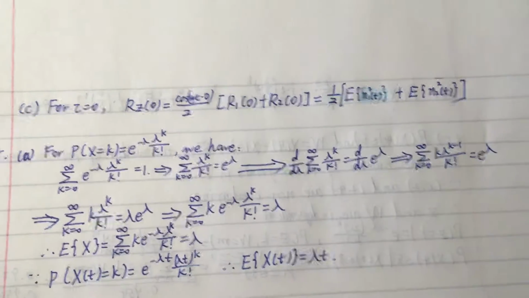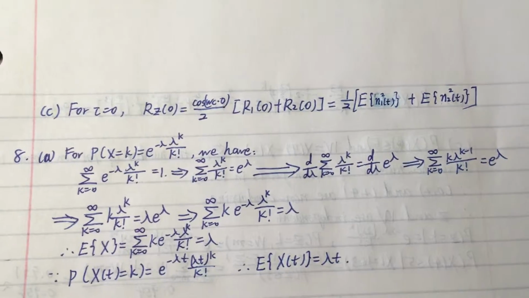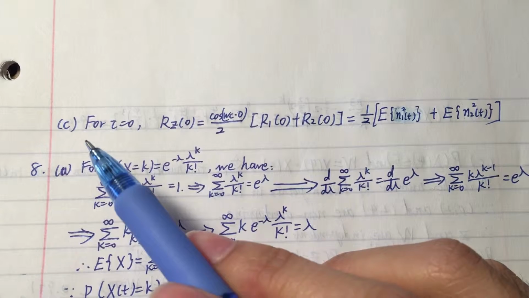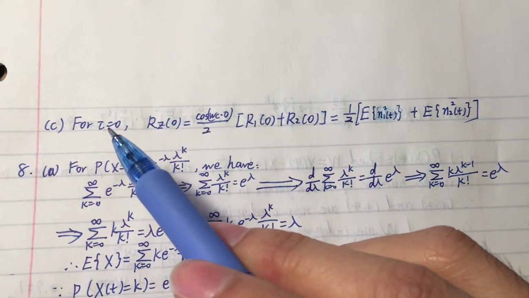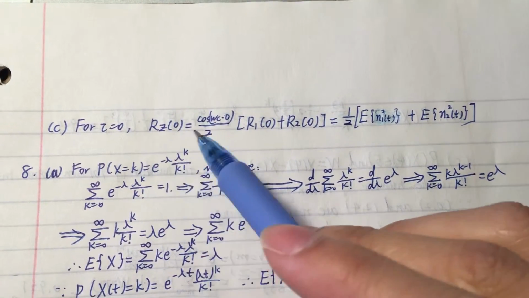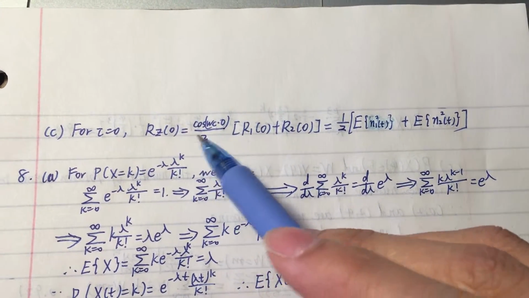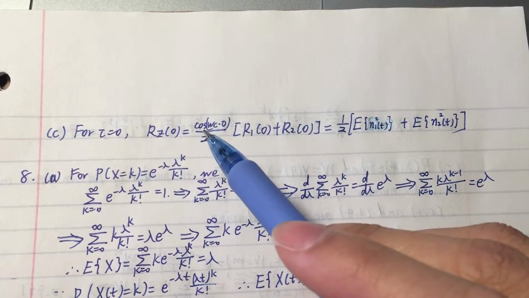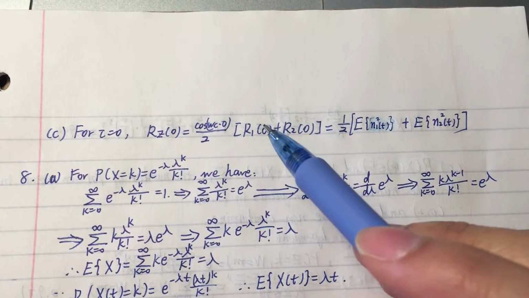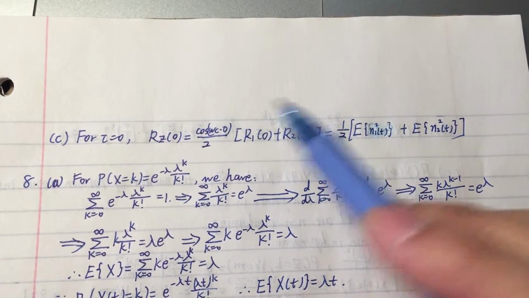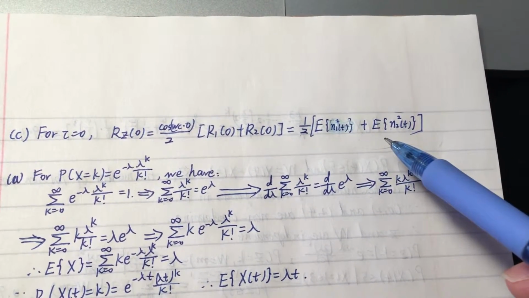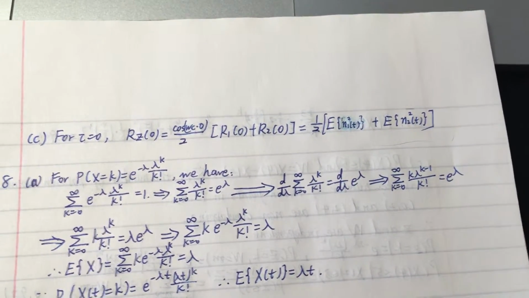As we know, gt is WSS, so we just let tau equal 0, and RZ(0) equals cosine of omega c times 0 over 2 times r1(0) plus r2(0), and we can get these final results. And that's all. Thank you.